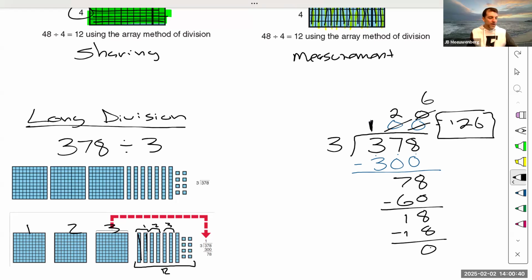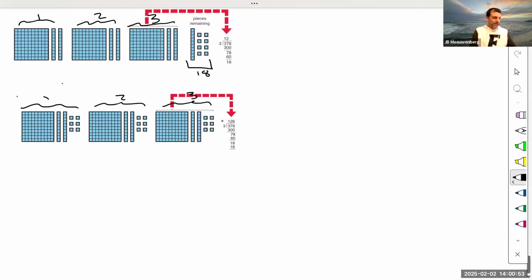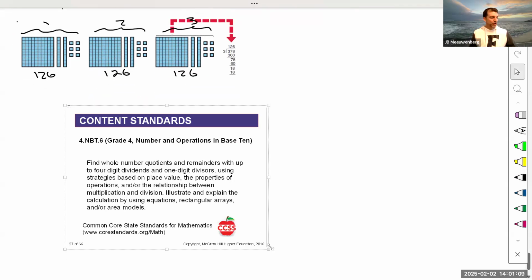And so what we end up with here is an answer of 126. 378 divided by 3 is 126. And you can see, again, each of these groups has 126 pieces. 126, 126, and 126.